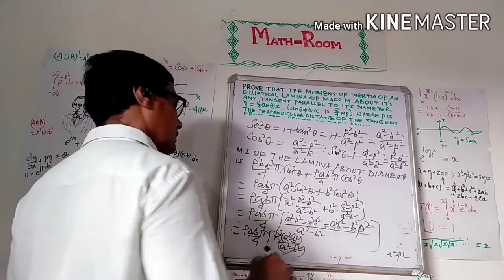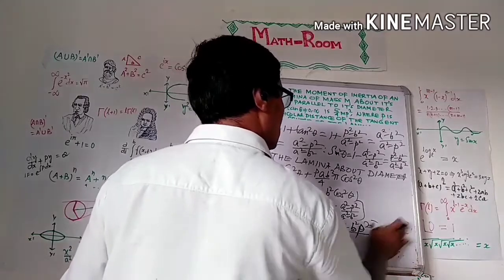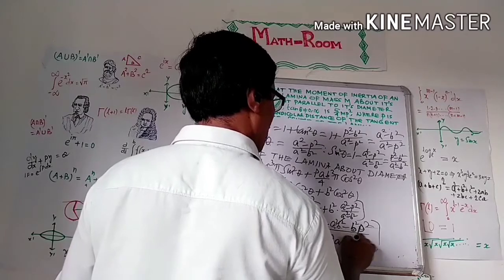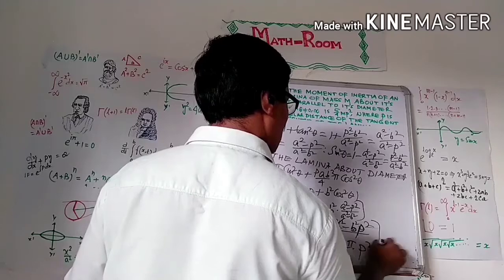This is cancelled out. So ultimately we get rho ab pi over 4 into b square.